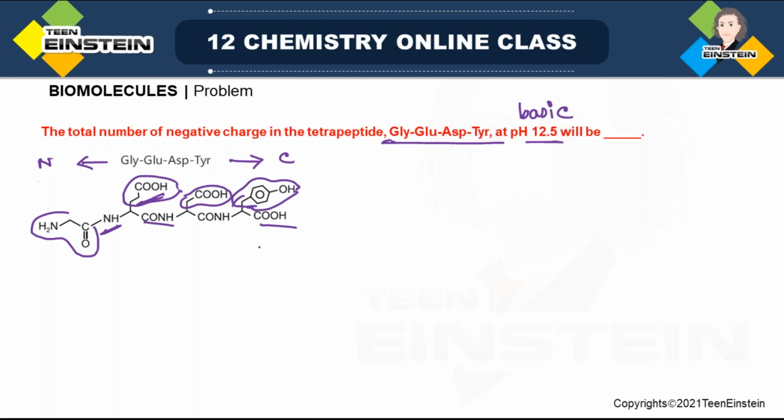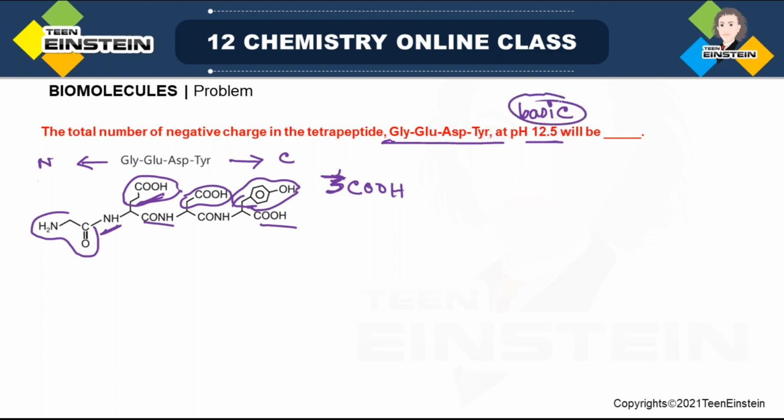Okay. Now when it is a basic medium, you have to consider how many acidic groups are there. Fine. So here the acidic groups that are present: CO2H, CO2H, CO2H. So a total of 3 carboxylic acid groups are present. And there is also an OH group present. Now the hydrogen present in OH is not so acidic compared to the CO2H hydrogen, but look at this pH.